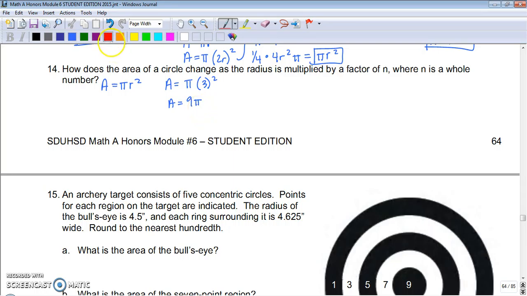And what we're going to do is, let's use a scale factor of 2. So now when I do the area for my new circle, I'm going to be using a radius of 6. So following order of operations, I'll first multiply, then I'll square.